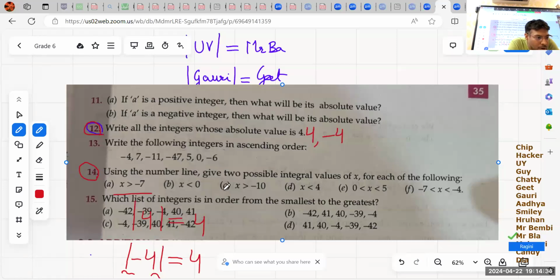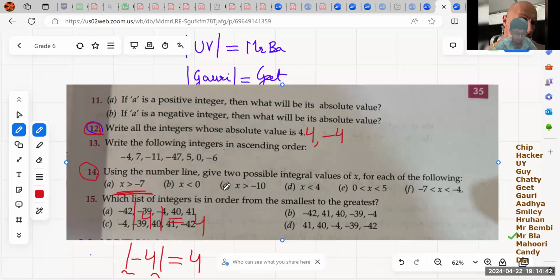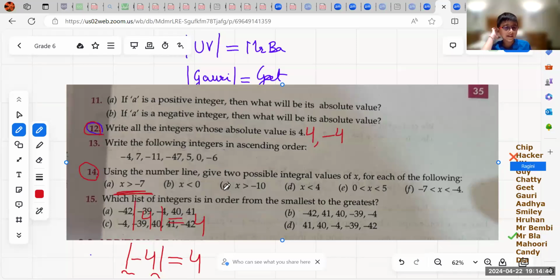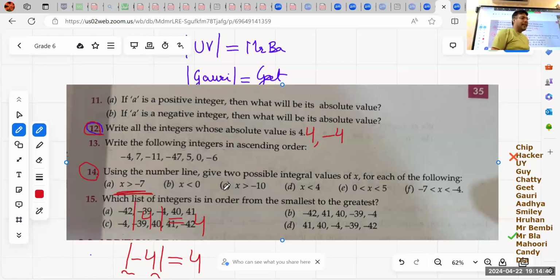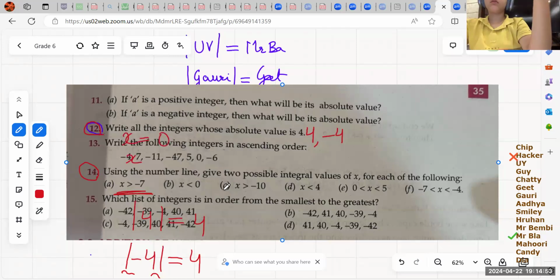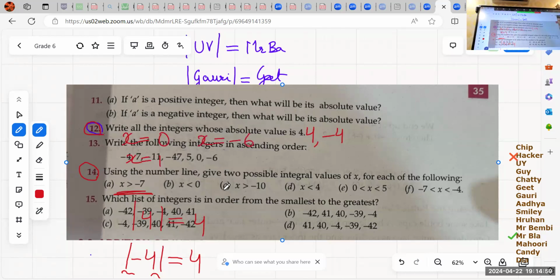So many numbers are greater than -7. It can be x equal to 0, x equal to 1, x equal to 100. But x needs to be equal to -6 or more. Right? Yes, sir.